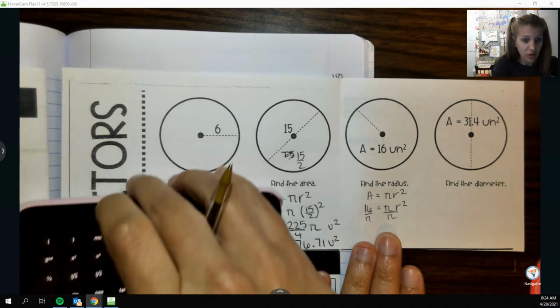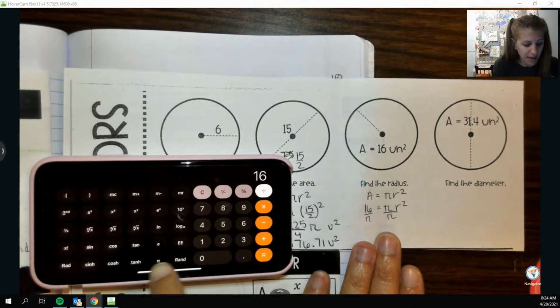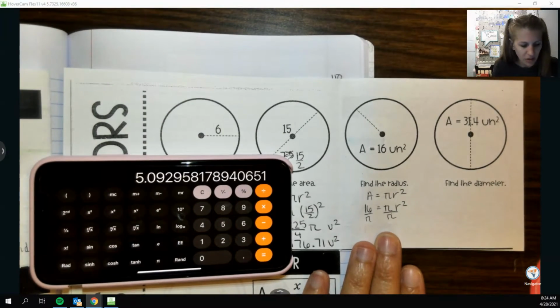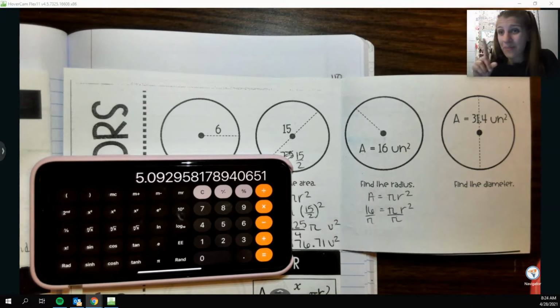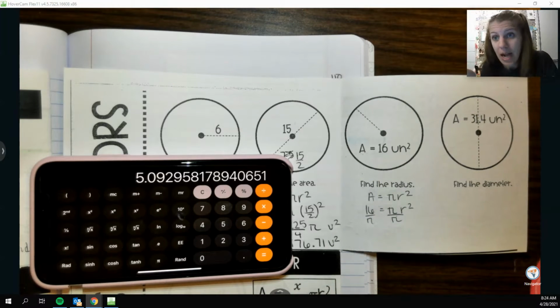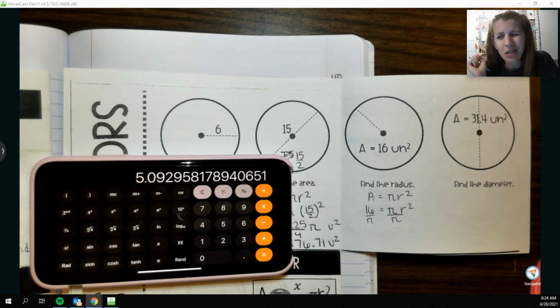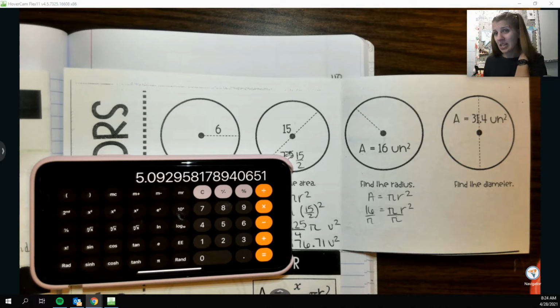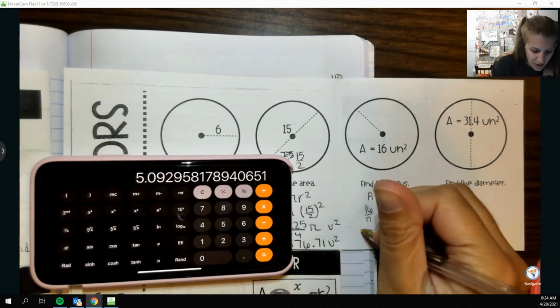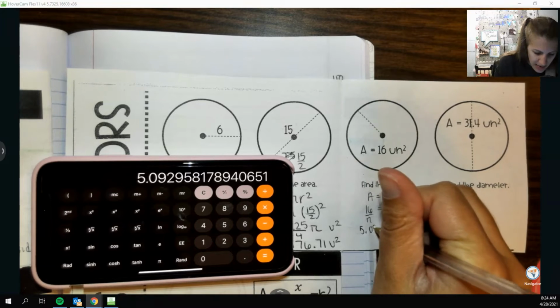I can do that straight up on my calculator. 16 divided by pi, which is... I can only get an approximate radius here, which is super annoying because the moment I write this decimal down, it's going to be rounded. And then when I have to square root it, getting rid of the squared, I'm going to have to round that too. So it really super sucks. You're getting a really approximated radius here, but that's kind of all you can do. So we get 5.09.